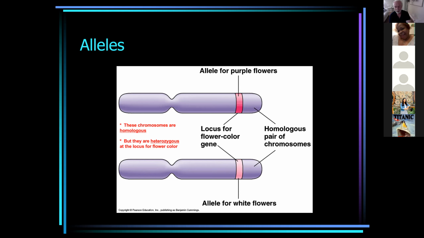So, for example, supposing in this illustration both these alleles at this locus, this gene, had been for white flowers. Well, one mutation in the white flower allele could lead to purple flowers, and that would make it heterozygous at that locus.